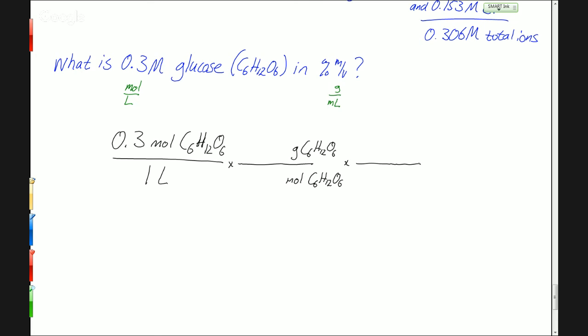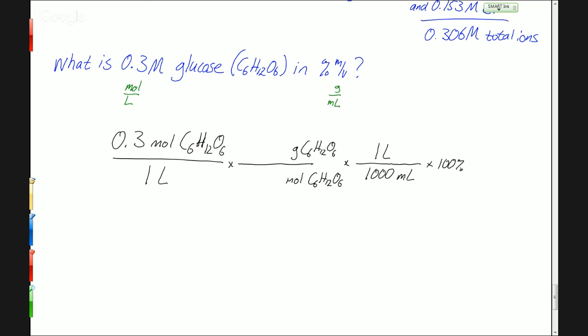We can simply say that there's 1 liter per 1,000 milliliters, and then multiply by 100%, because that's part of that formula. Or we can remember that percent mass by volume is grams per 100 milliliters. And so we could say 0.1 liter per 100 milliliters, and do it that way, because we know those two are the same thing.